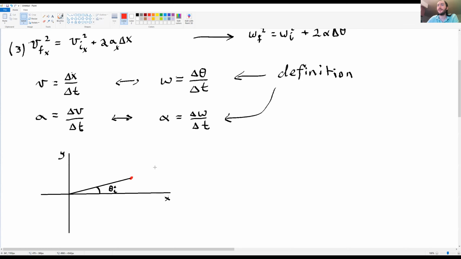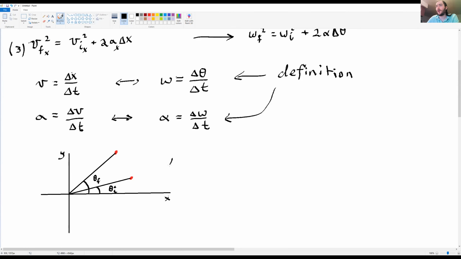And so if this little object were to rotate by some amount over to here, then we could draw, again, another line from the origin of the coordinate system to there. Then we could label this angle here as the final angle, theta final, right?